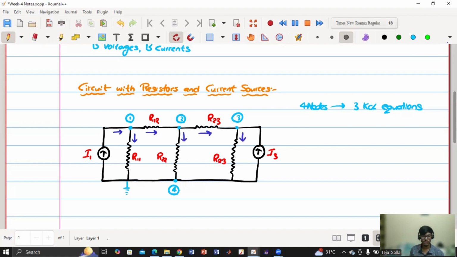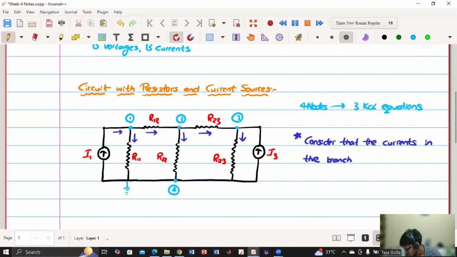That is the convention you have to consider: the currents in the branches are flowing away from the nodes.